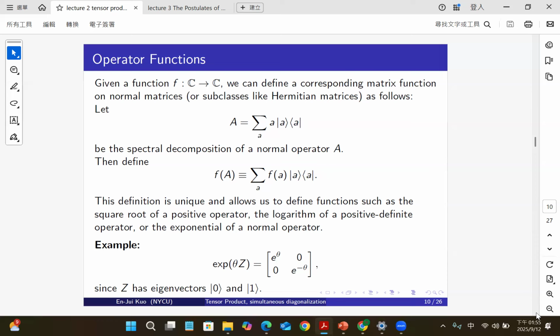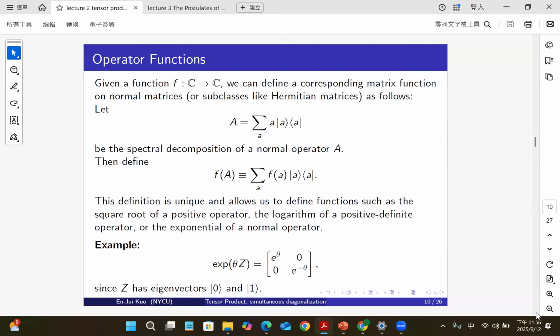For example, let's say I give you a Hermitian matrix A. In your linear algebra course, since A is Hermitian, you can diagonalize A. Your professor will tell you that you can write A as U D U inverse, where D is diagonal.